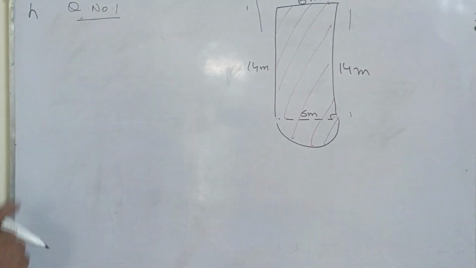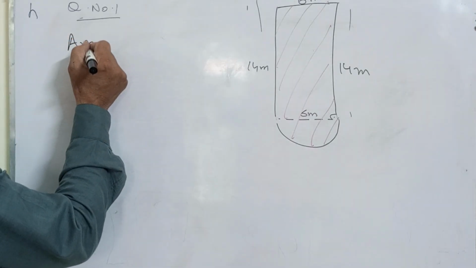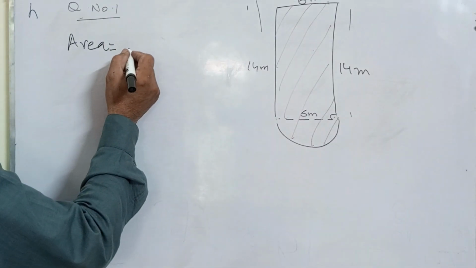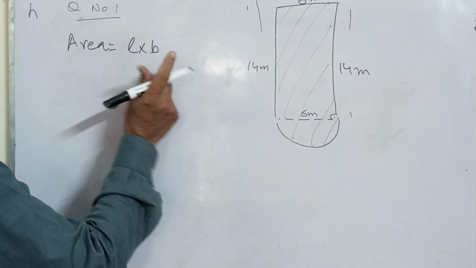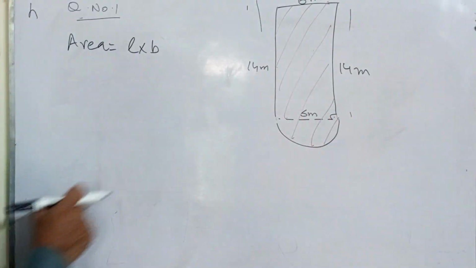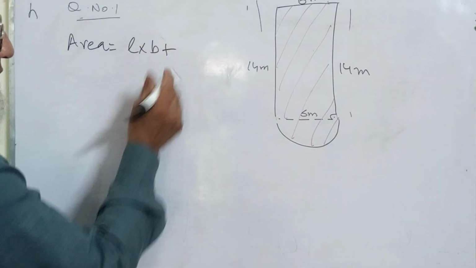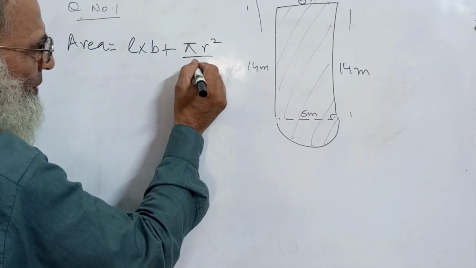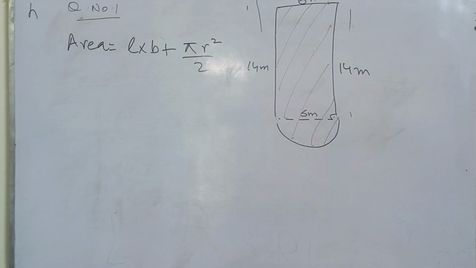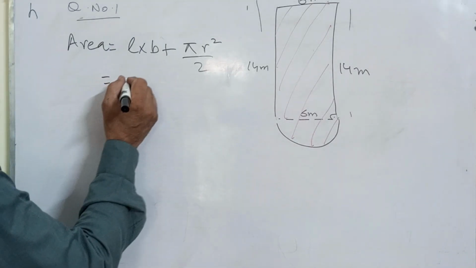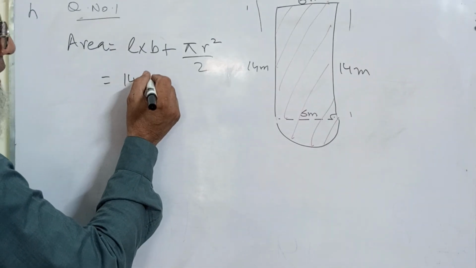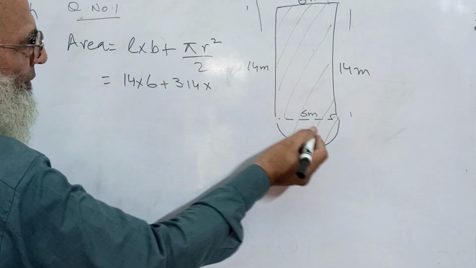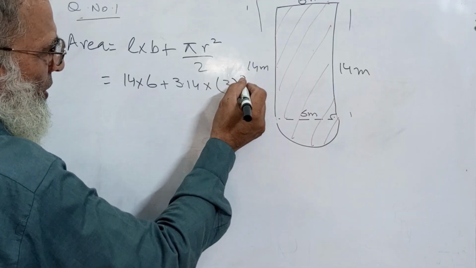So area is equal to the area of this rectangle, length into breadth, plus the area of half circle, that is equal to pi r square divided by 2. So it is L into B. L into B is 14 multiplied by 6 plus 3.14, and r is 3 squared, divided by 2.